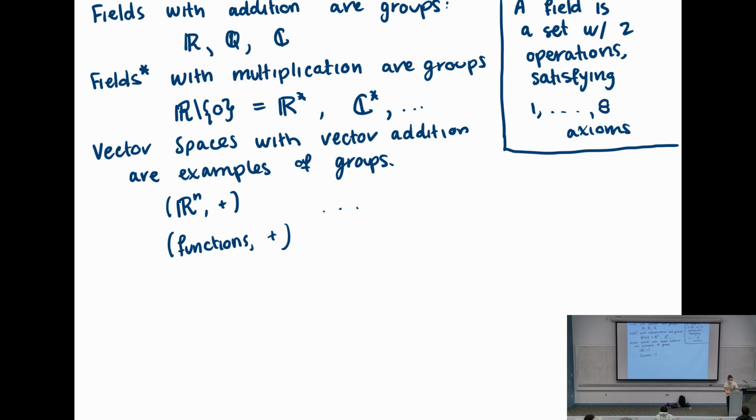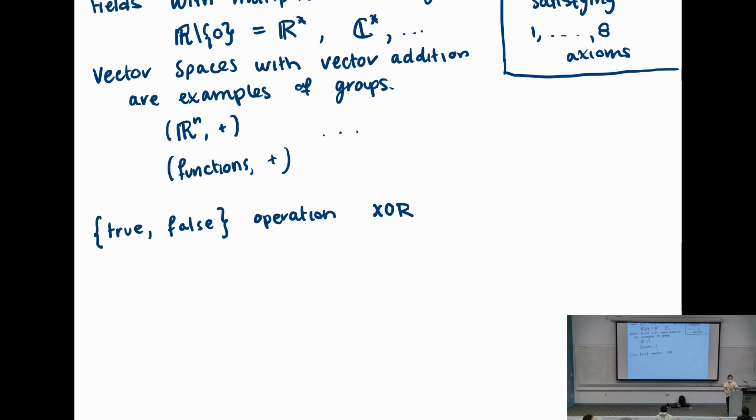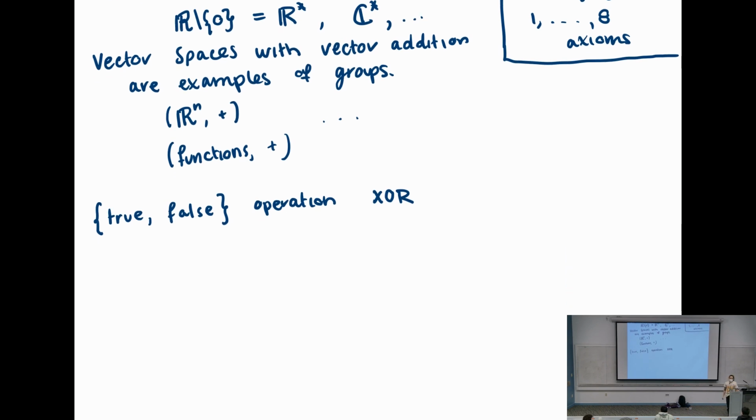Okay, that's an interesting one. We have the set containing 2 elements, true and false, and the operation is XOR. The only way I'm going to be able to know if this is a group or not is to just write the multiplication table. So now is a good time to introduce multiplication tables.